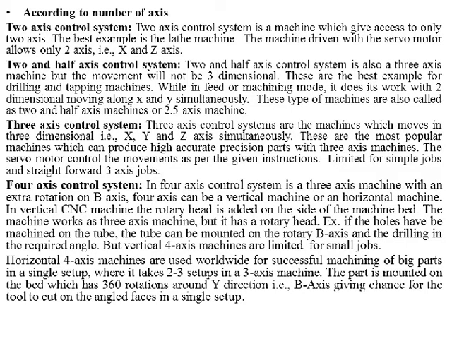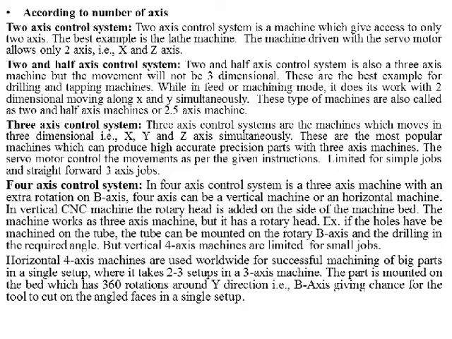Horizontal 4-axis machines are used worldwide for successful machining of big parts. In such machines, the machining can be completed in a single setup, or it may take 2 to 3 setups, and these machines make use of 3 axes along with a B-axis.